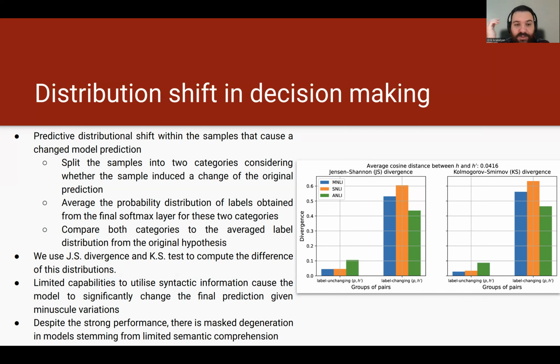So limited capabilities to utilize the syntactic information cause the model to significantly change the final prediction, given minor variations in the text. And despite the strong performance, there is masked degeneration in models stemming from limited semantic comprehension. If we purely look at results without this analysis, we will see that models are good and confident in their predictions.